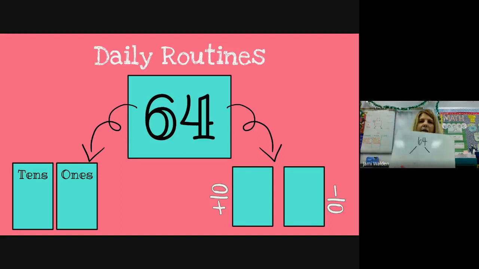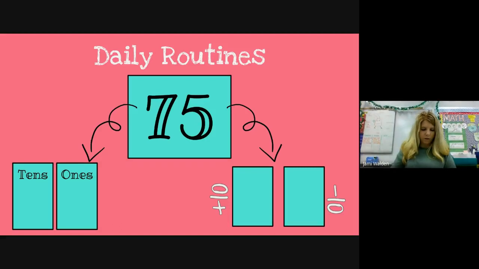Now, if I want 10 more, I focus on the tens place and I make it go up 1. 64, 10 more would be 74. If I want 10 less, the 6 has to go down 1. Less than 6 would be 5. And remember, the ones place is not going to change. 10 more, 74. 10 less, 54.